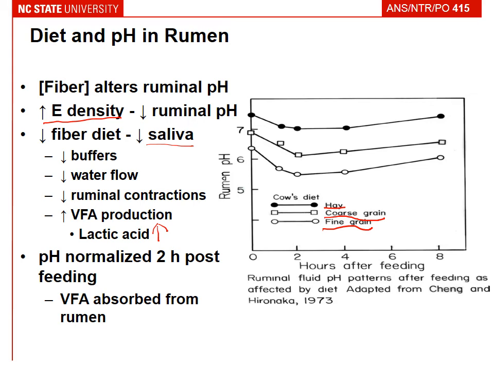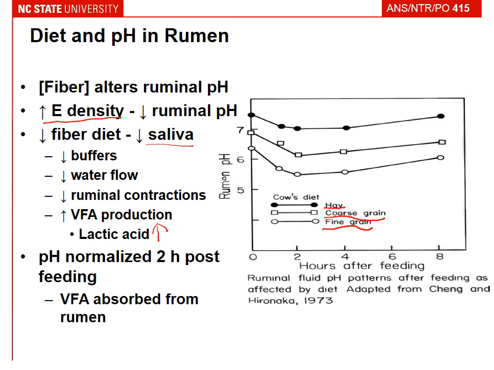And you can see that about 2 hours after the animal eats, the pH goes back to where its baseline was. So obviously these animals had been eating a fine grain diet for a significant amount of time.